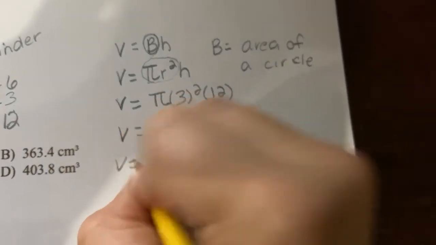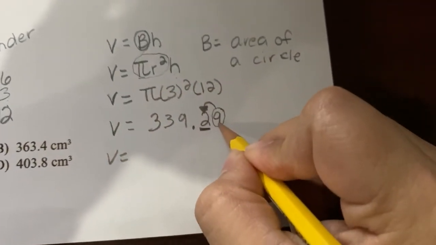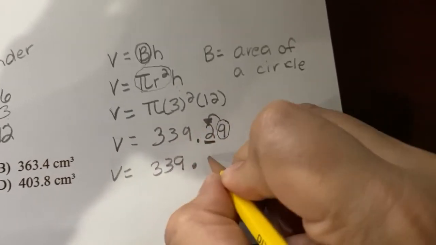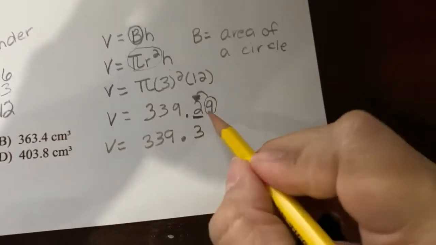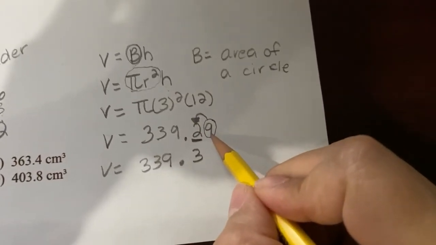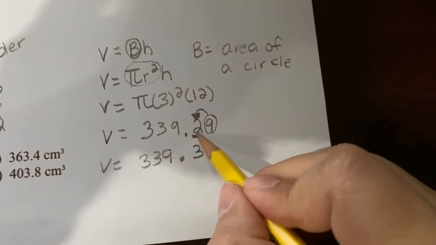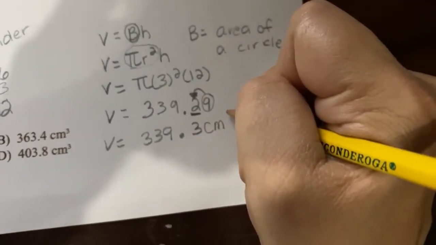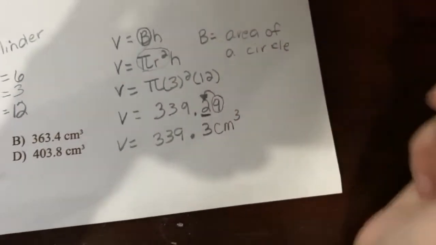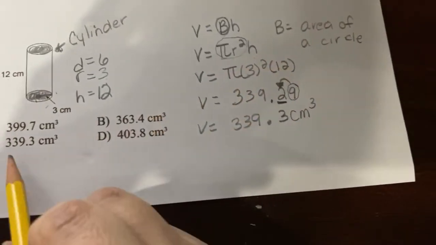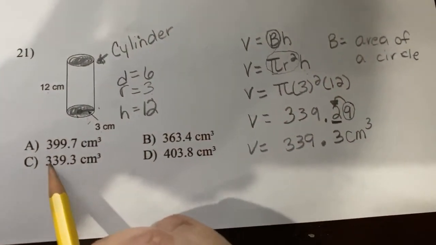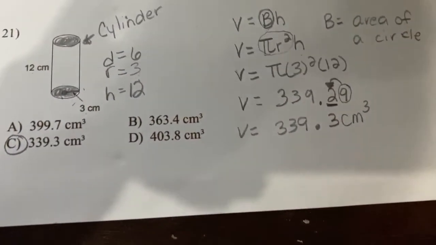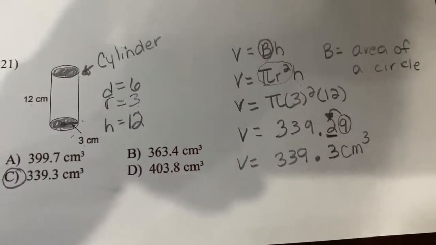And this time the 9 is 5 or higher, therefore it's going to go up to a 3. So if this were a number that was lower than 5, then that would stay at a 2. Okay, and so my final answer is letter C, 339 and 3/10 centimeters to the 3rd power.